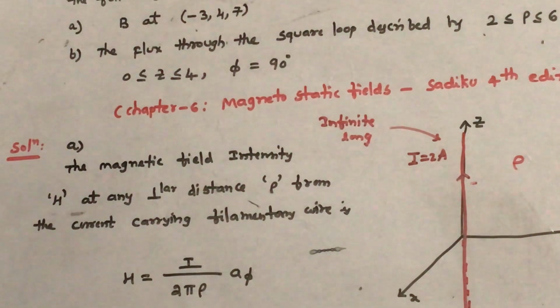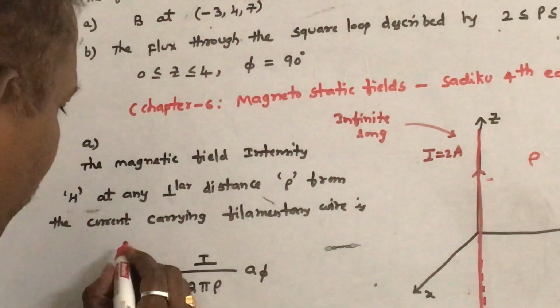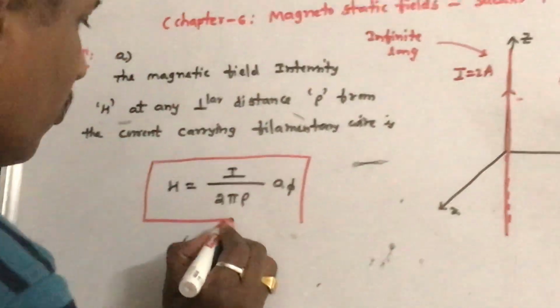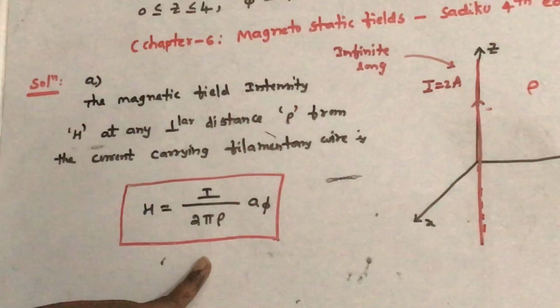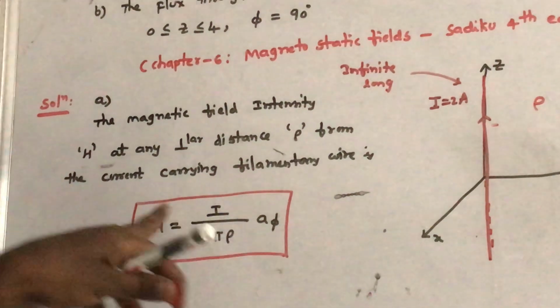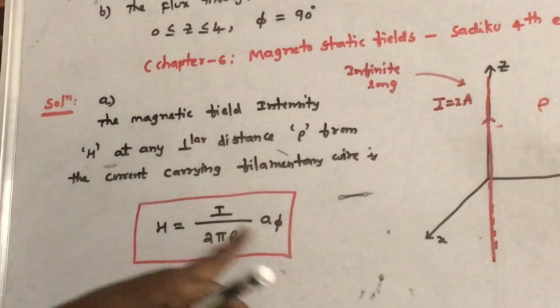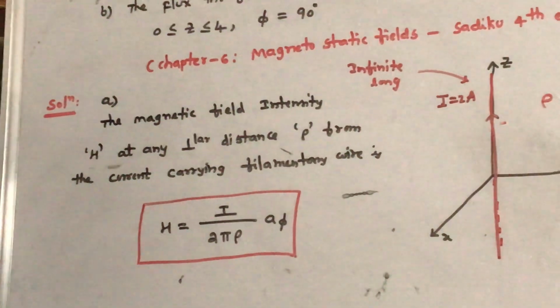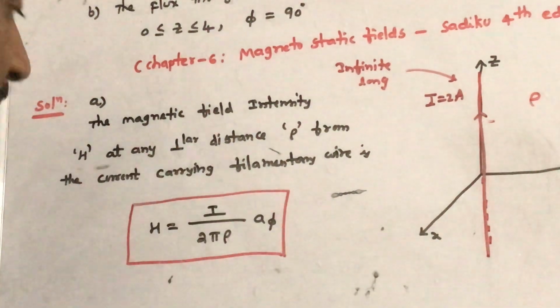We can derive this formula both from Biot-Savart's law as well as from Ampere's circuital law, for the field intensity because of an infinitely long conductor. Here rho is the perpendicular distance from the conductor.